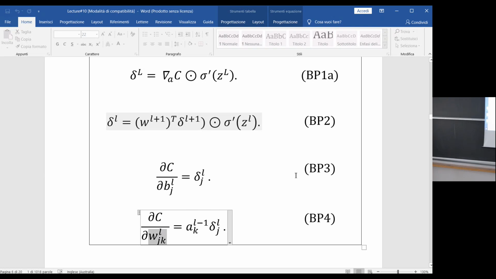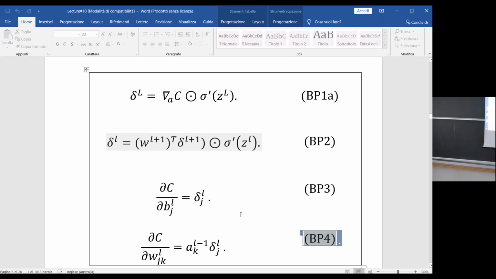Our aim is to find these values in backpropagation form. But we do it through the evaluation of delta L of the last layer, the output layer, and of any other layers.